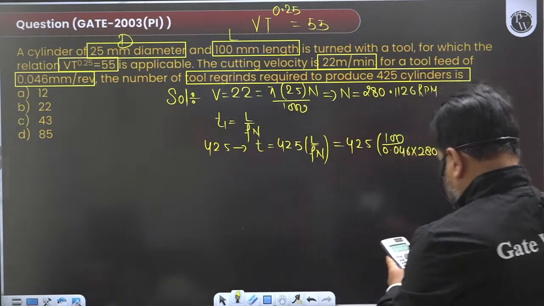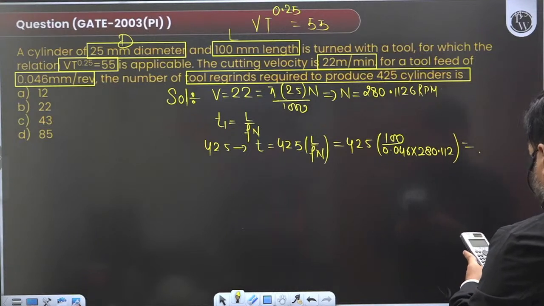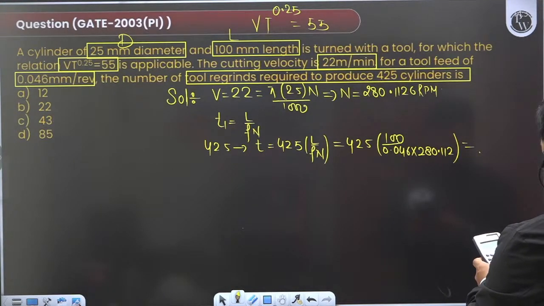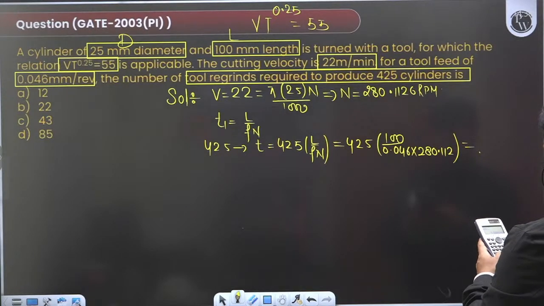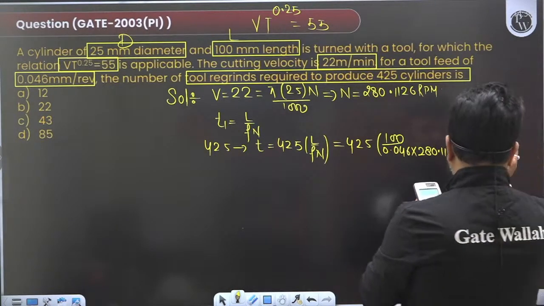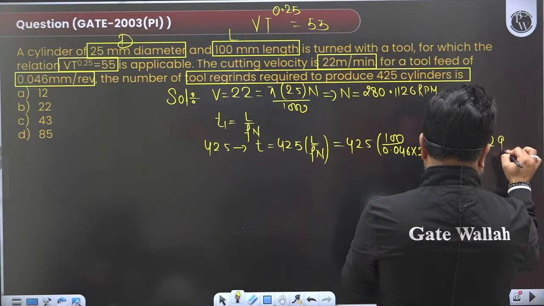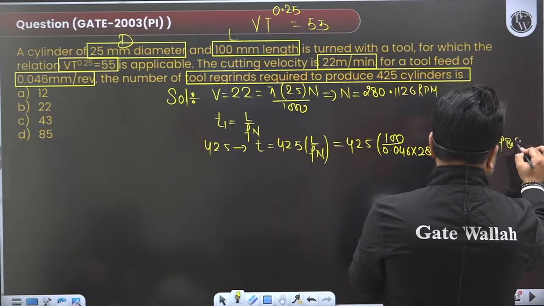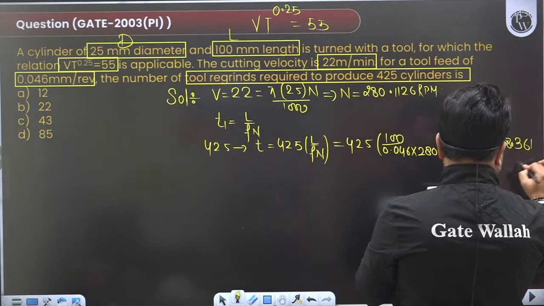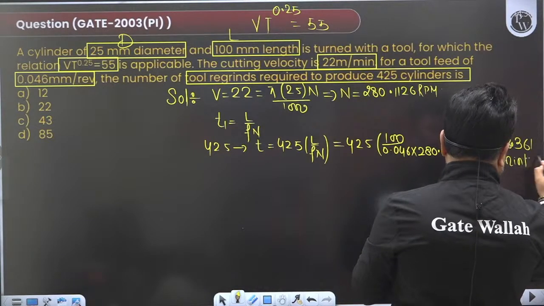So 100 divided by 0.046 into RPM, answer into 425, gives 3298.361 minutes.